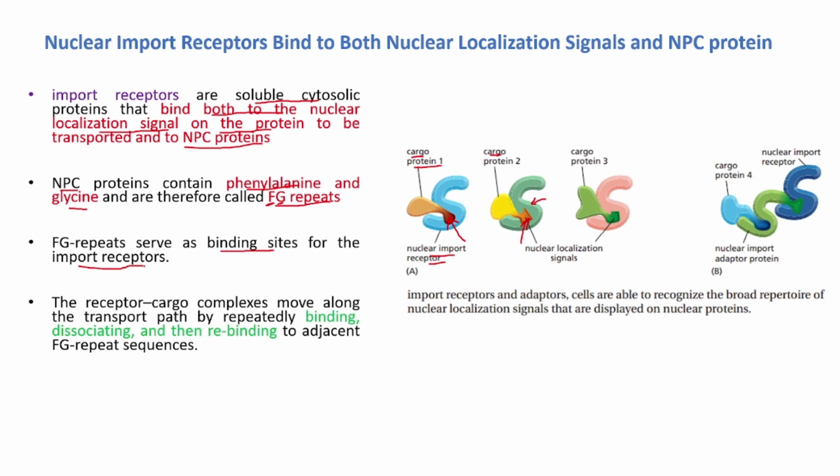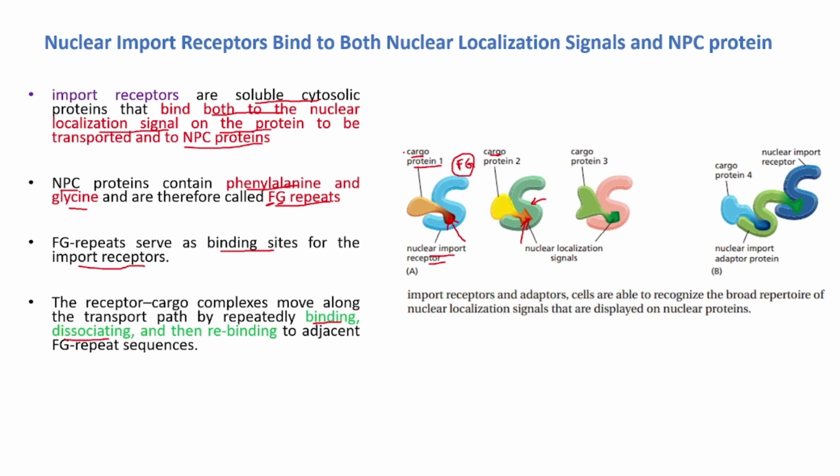The receptor cargo complexes move along the transport path by repeatedly binding, dissociating, and then rebinding to adjacent FG repeat sequences. This is the cargo receptor plus cargo protein, and it binds to one FG repeat present on the NPC proteins. Now how is this complex of the cargo protein and the receptor translocated?